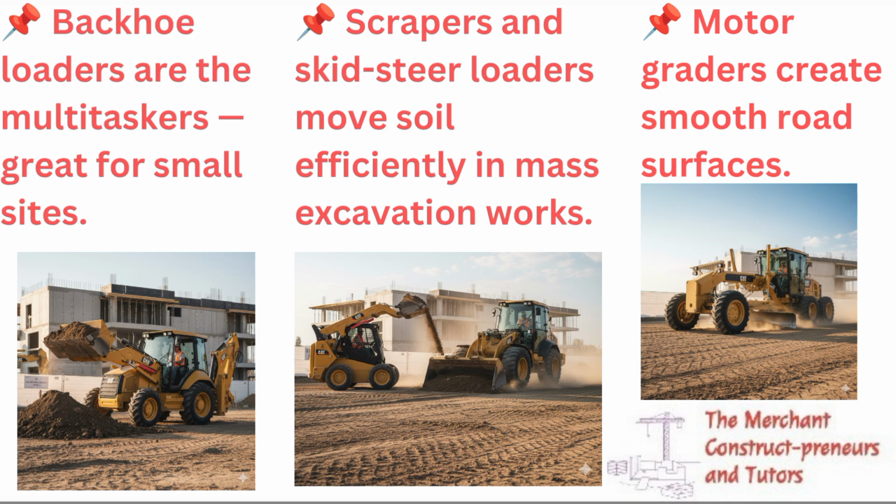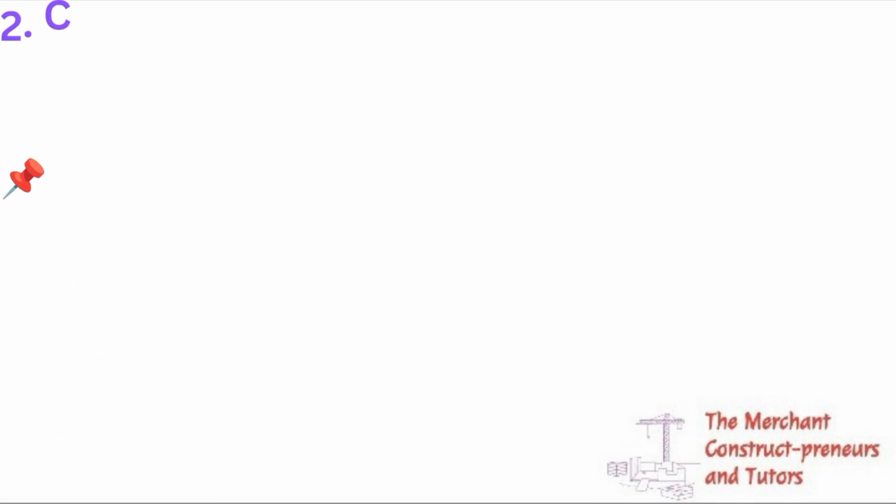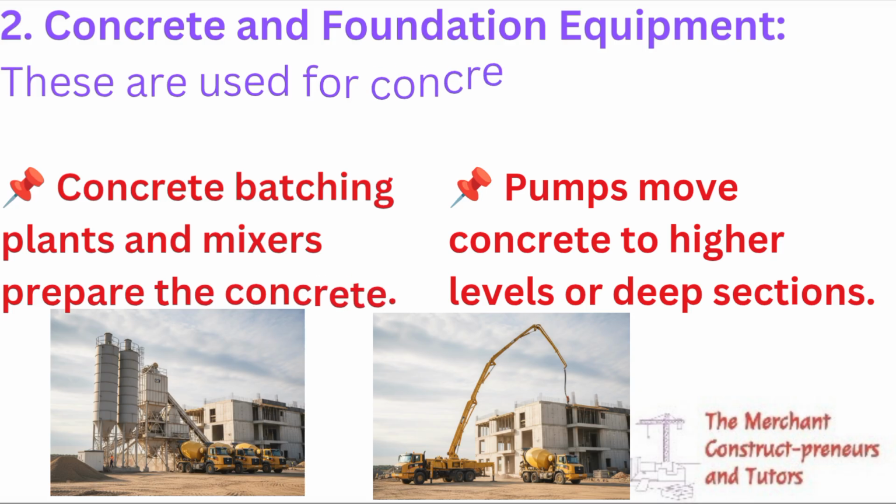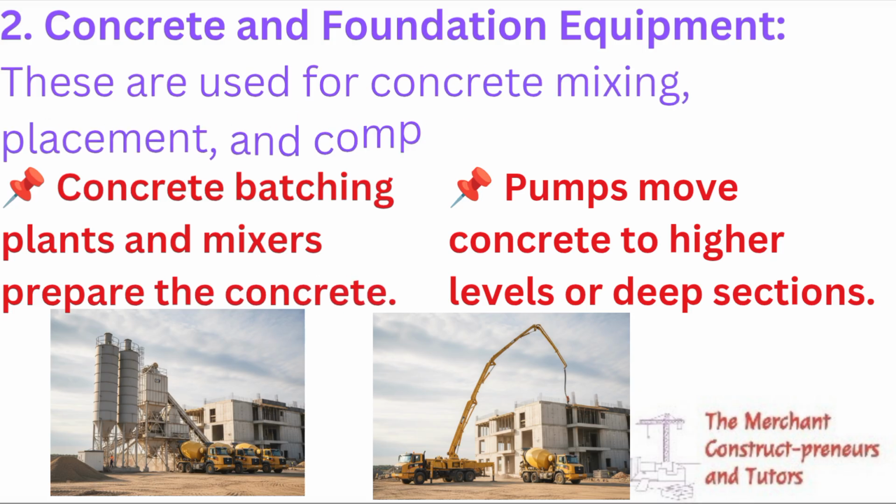They load materials and move them within the site, especially for confined sites. Then motor graders. These ones are specifically for road surfaces. You grade the road after excavating and maybe the dump truck has dumped the soil. You now need to start taking it out and spreading it along.